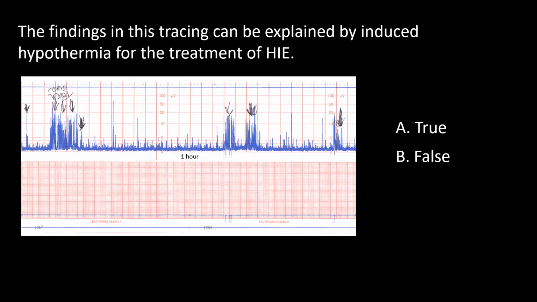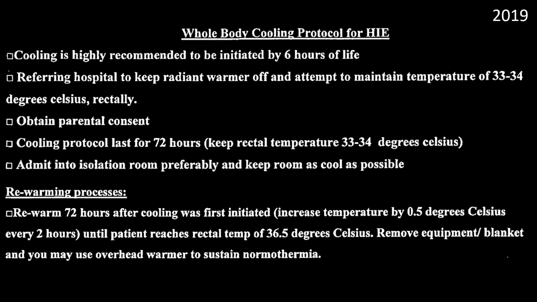Next question. The findings in this tracing can be explained by induced hypothermia for the treatment of HIE. A true, B false. This is the protocol for cooling we are currently using at Nicklaus Children's Hospital.